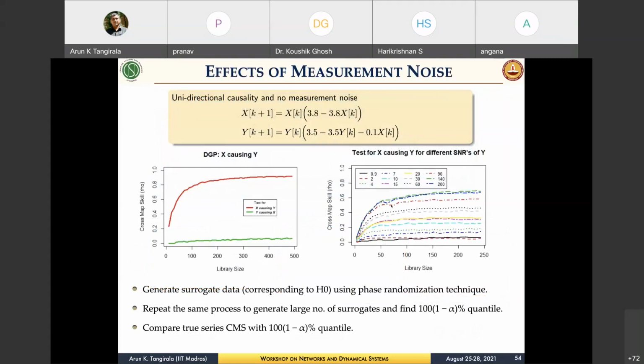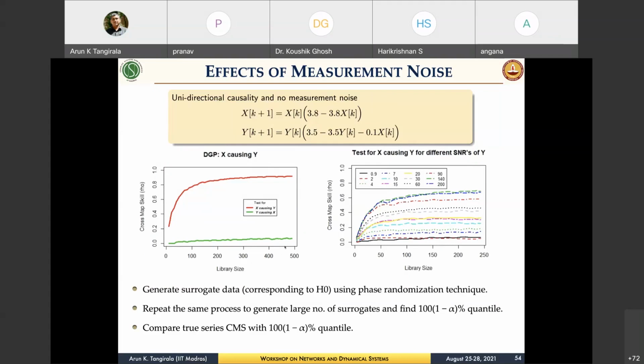We show here a plot of the cross map skill for different signal to noise ratios. You can see that when the signal to noise ratio is very low, like 0.9, the cross map skill is bad, whereas when the signal to noise ratio is very high, the cross map skill is quite high. So obviously it is sensitive to the signal to noise ratio.